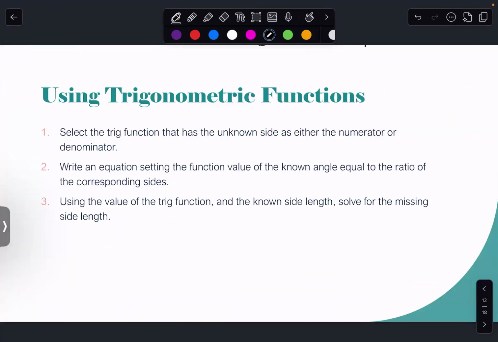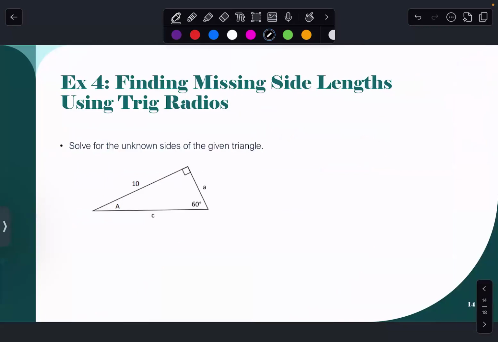Okay, so now we'll go and use trig functions to find a missing side. And it's kind of like what we just did. So you're going to select your trig function by looking at what you know, set up your equation, your ratio, and then solve for the missing side length. So here's our example. We have a 60 degrees angle that's given to us.